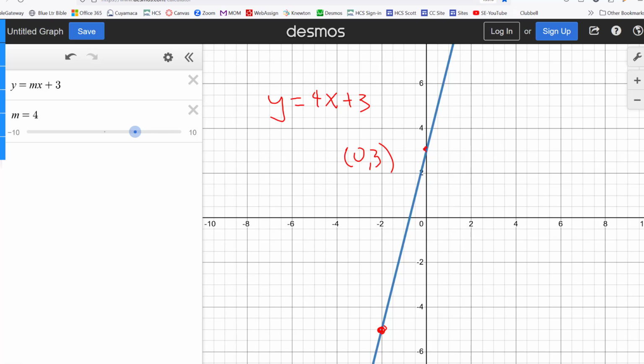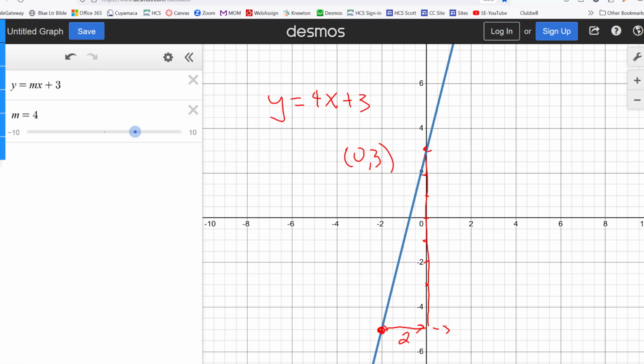And so I want to count the rise and the run. So the run, I'm going to go over, and the rise, I'm going to go up. And this is -2 to 0, so I'm going forward. That's a run of 2, and I went up. Now, right now, I'm in between -4 and -6, so that's -5. So I'm going to go up 1, 2, 3, 4, 5, 6, 7, 8.